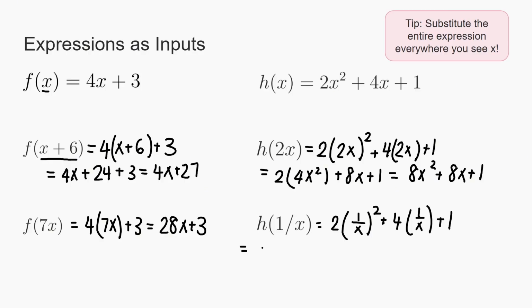This gives us 2 times 1 over x squared plus 4 over x plus 1. Our final answer is 2 over x squared plus 4 over x plus 1.